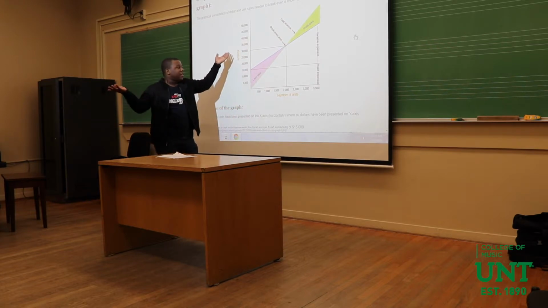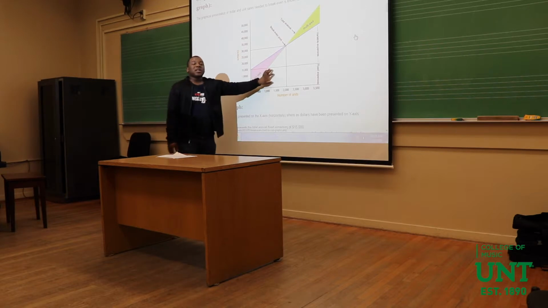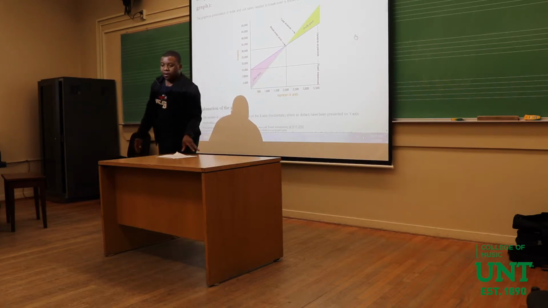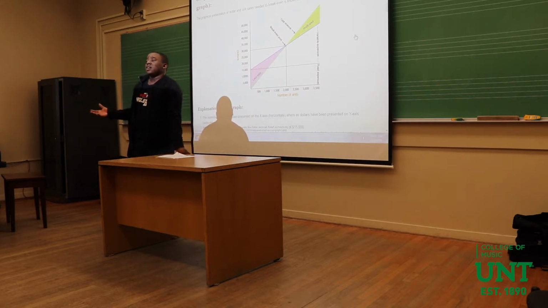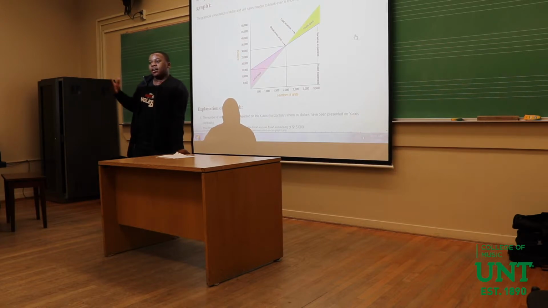So in this particular case, their fixed costs are $15,000. What's included in the fixed costs? If you have rent, a lease on your facility that you're renting out, more than likely they'll have you on a lease that you'll have to pay every single year until your contract renews.